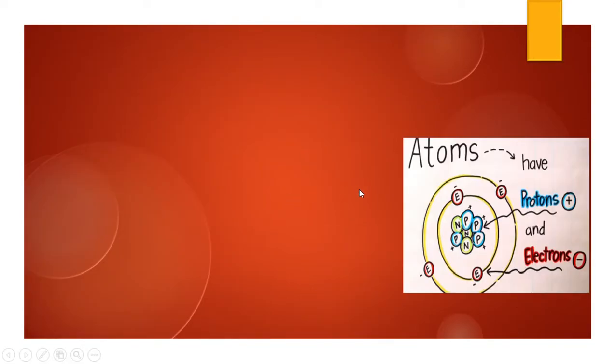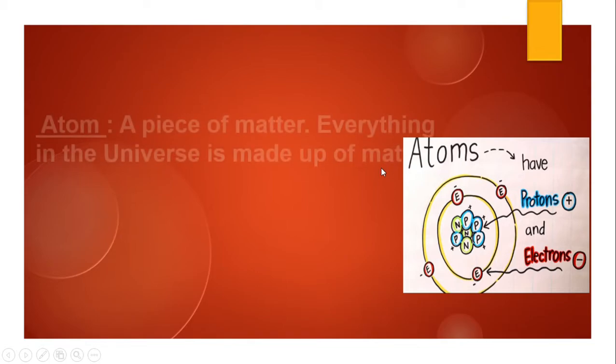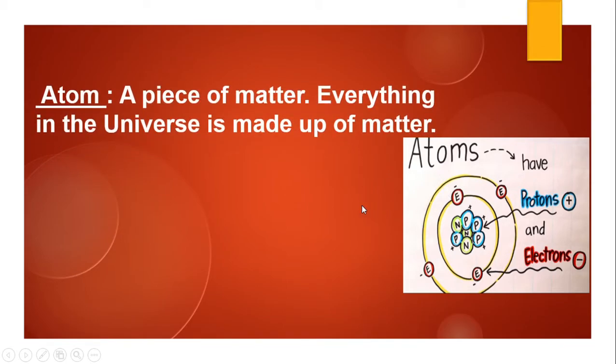now this is an atom. So we will be learning all about atoms now. An atom is a piece of matter. Everything in the universe is made up of matter. So what is an atom? It is nothing but matter. Now the atoms have protons and electrons.